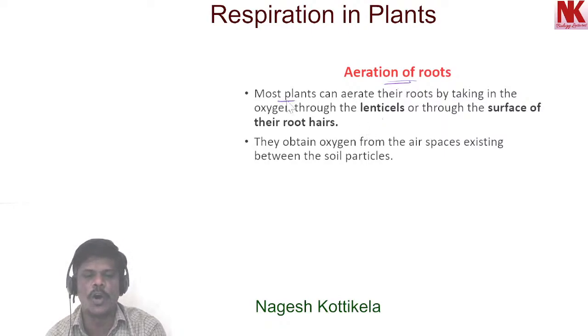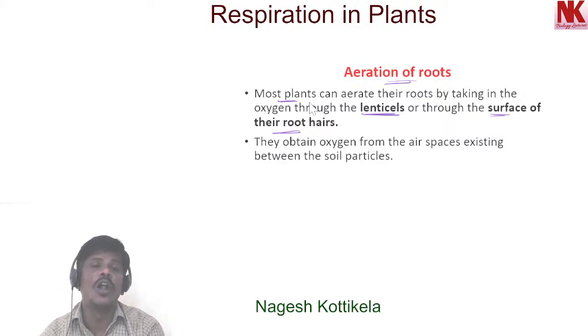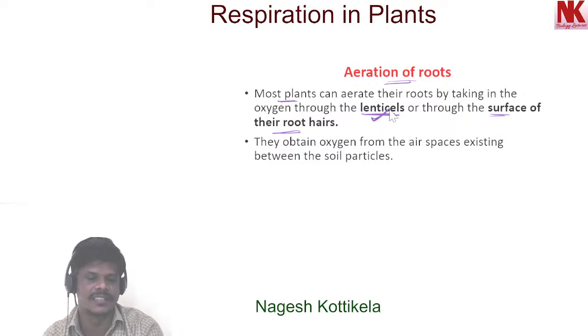Most plants can aerate their roots by taking in oxygen through the lenticels or through the surface of their root hairs. In the case of older roots, there are lenticels.